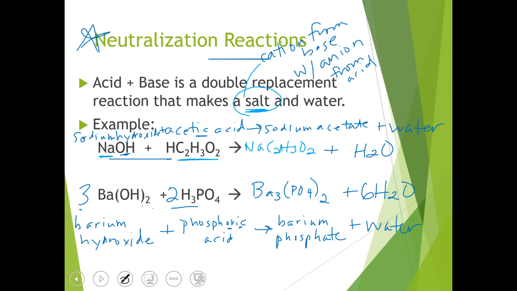This we will definitely use a good bit. We're going to do a lab where we take an acid and a base and we use them to neutralize one another. We will have to write the chemical reaction because we need the mole ratio between our acid and our base, because we are going to do calculations in amounts and figure out some concentrations that are unknown. So this is definitely going to be a skill that you need.